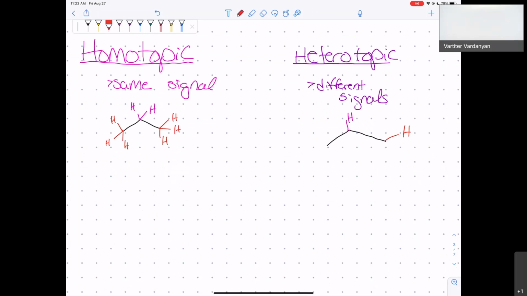Where it gets kind of spicy is when we have enantiotopic and diastereotopic. Do those words ring a bell at all? That's so fair. But for anyone who does kind of know, can you tell me anything about them?